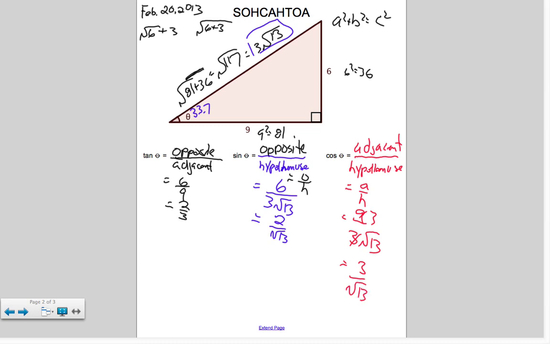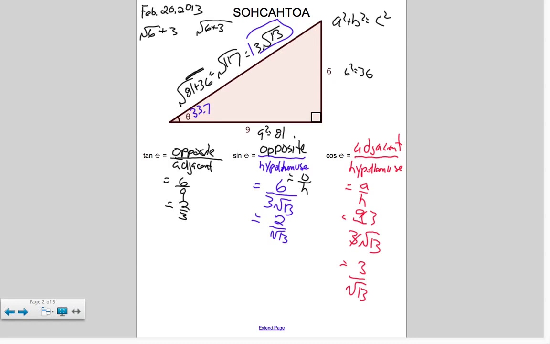So now do cos inverse of 3 divided by square root of 13 on your calculators. 33.7.